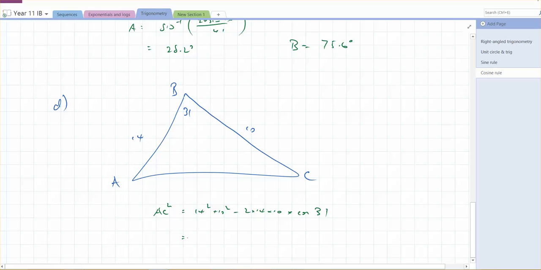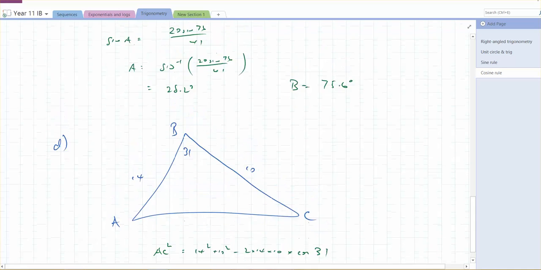Hit enter, but then take the square root of that result to get 7.48. So AC is equal to 7.48 units to 3SF.